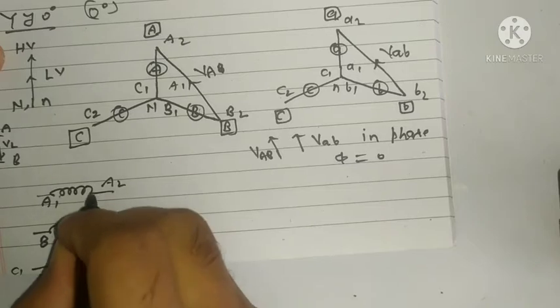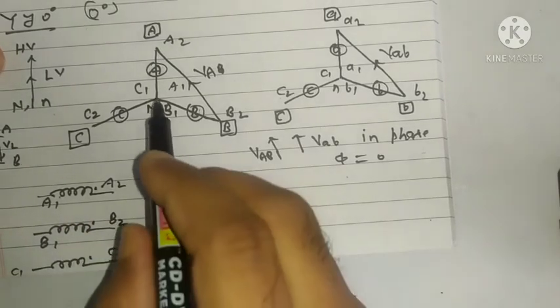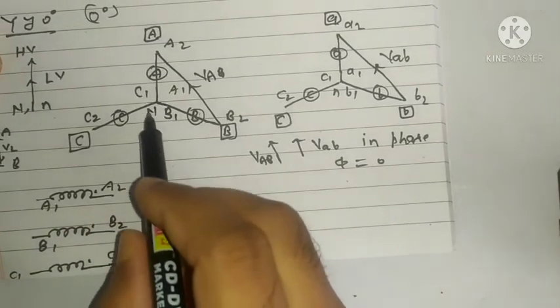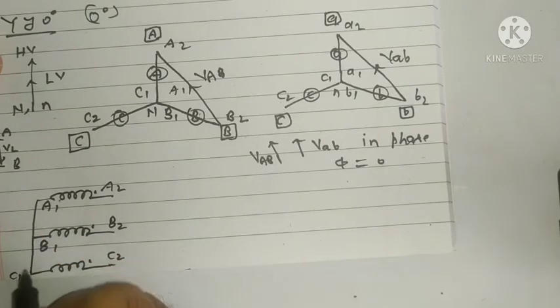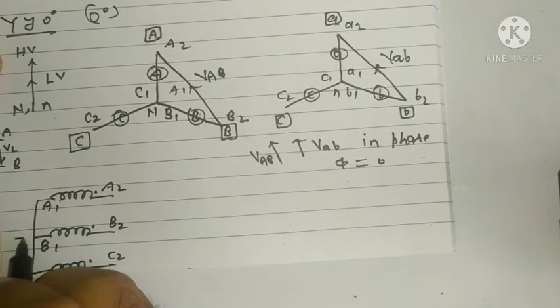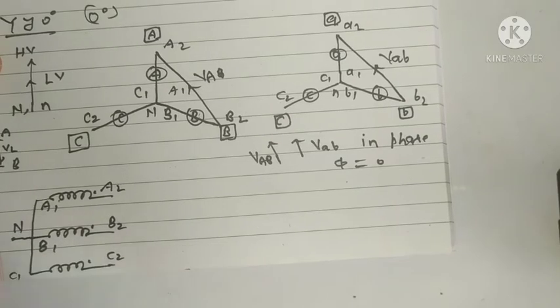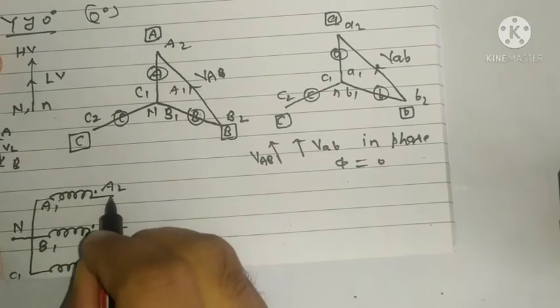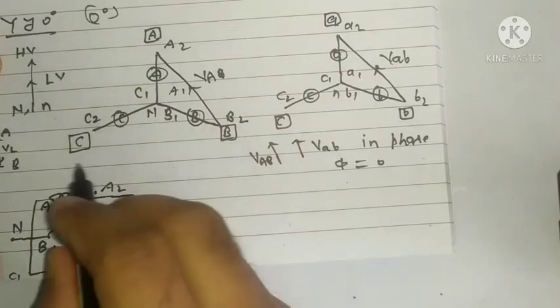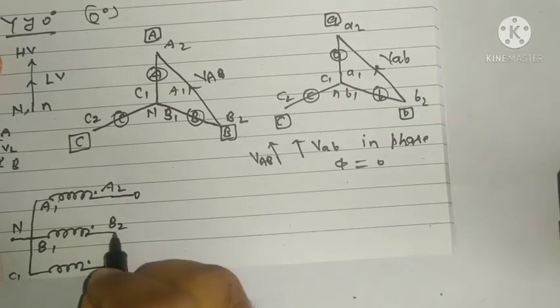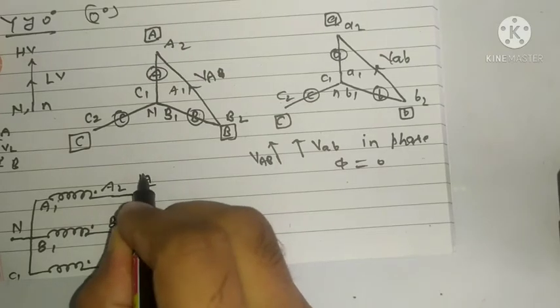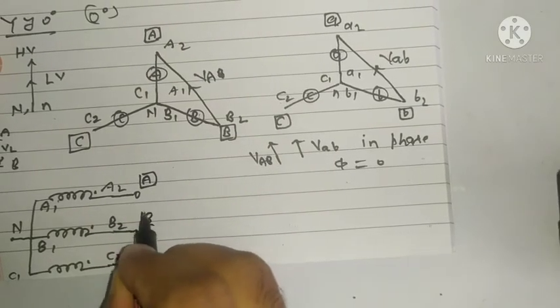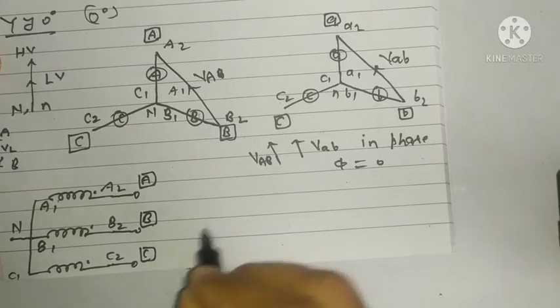These are the dots. So for HV side, A1 B1 C1 are connected to each other, so I am connecting them, and this terminal is neutral terminal. And A2 B2 C2 are coming out as the terminals of primary side, so it is A terminal, it is B terminal, and it is C terminal.